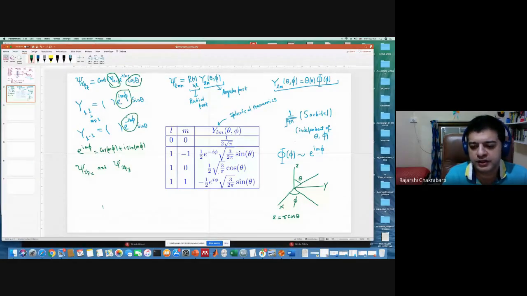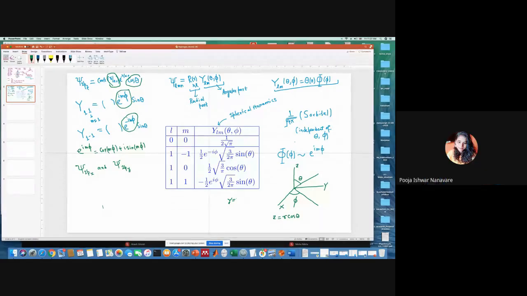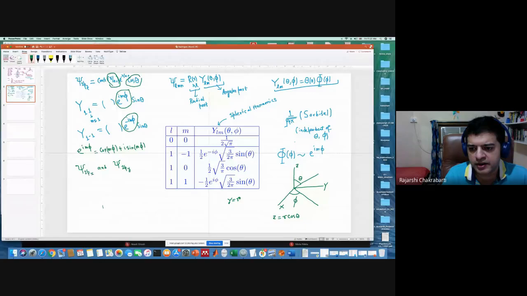So what about, say, what is Y? Y is R sin theta sin phi. So this is Y. It has to be R sin theta and then sin phi. This is fine?